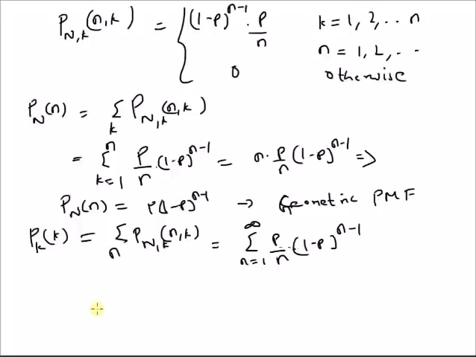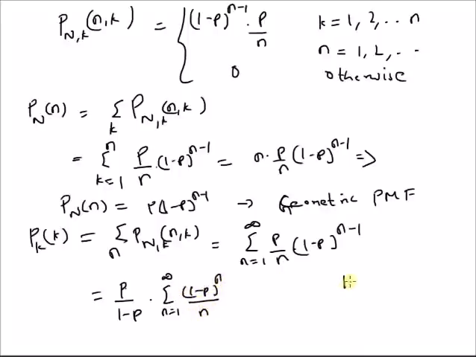Since p is independent of n, we have p, and we can also take one factor, (1-p)^(-1), outside, so it is 1/(1-p) times summation n = 1 to infinity of (1-p)^n / n.